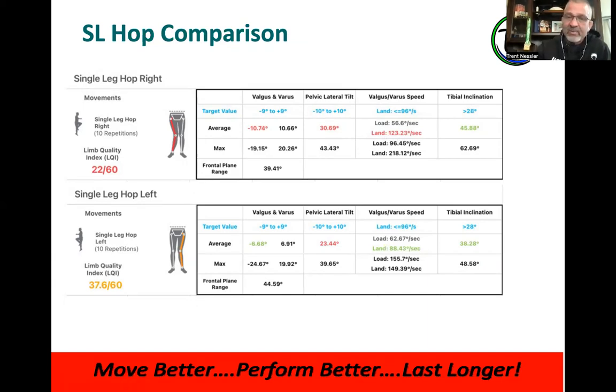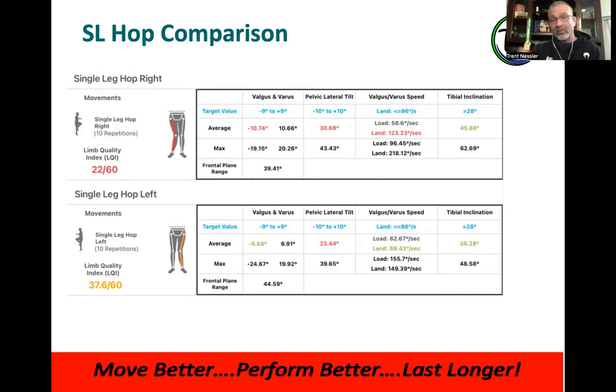So his average speed is slightly, I would say a little bit more than slightly above what it should be. But then I'm going to go to his max. His max was almost 20 degrees of dynamic valgus, and his max speed on the hop was 218 degrees per second. So that's a lot of speed difference between what it should be and what his max was.